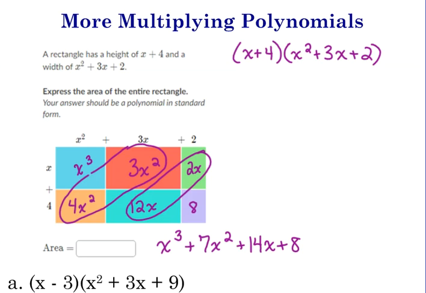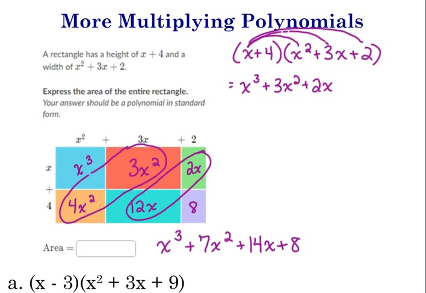Let's go back up here real quick. If you don't like the box, if you would rather just do a FOIL-like method, let's look up here at the top. You're going to distribute the x to all the terms in the second set of parentheses. X times x squared is x cubed. X times 3x is 3x squared. X times 2 is 2x. Are these numbers looking familiar?